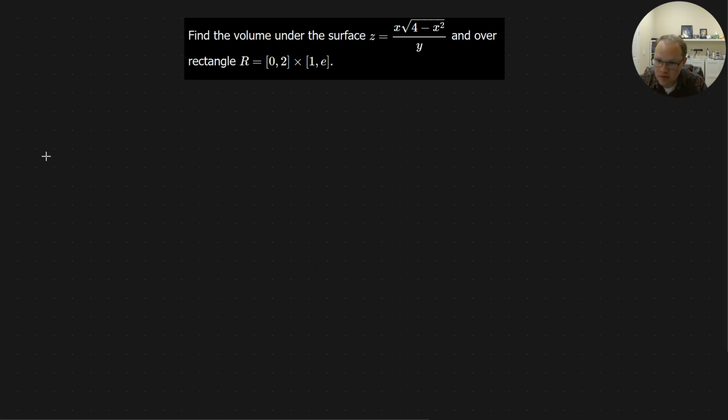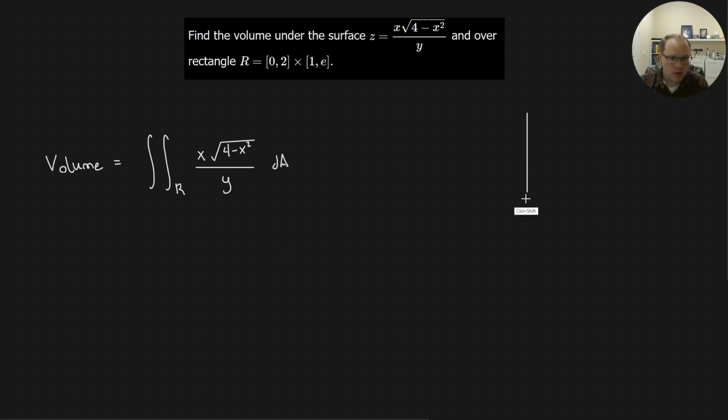So if I want to find the volume under the surface, then I want to integrate over region R, over my rectangle, my surface, which is z equals x root 4 minus x squared over y. I want to integrate it over the area of this rectangle, so dA.